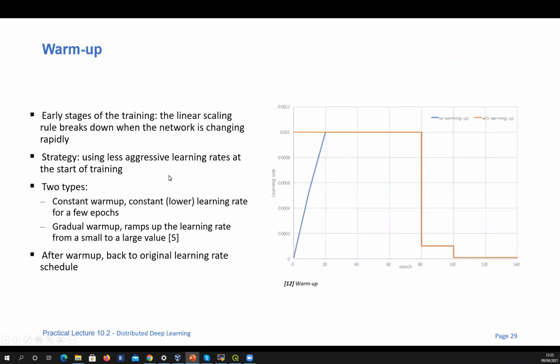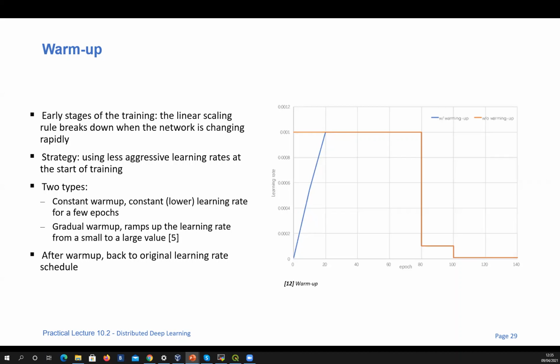Okay, before stopping, there are two more slides on strategies that can help a lot. One strategy that is widely used is warm up. So instead of starting off with a very high learning rate from the beginning of your training, you start in the first iterations, in the first epochs more precisely, with a smaller learning rate, and then increase it gradually until you reach the maximum learning rate.